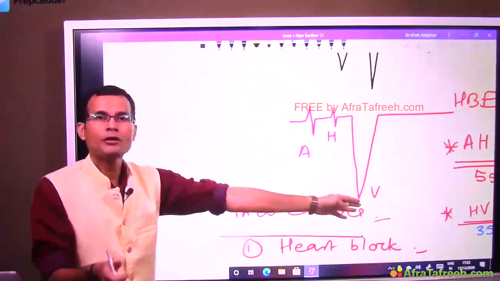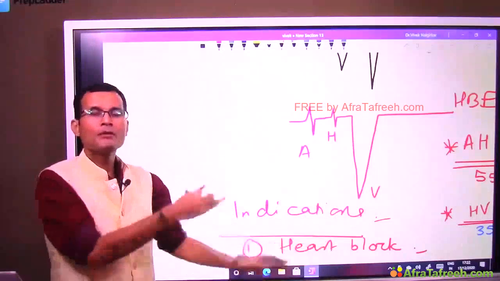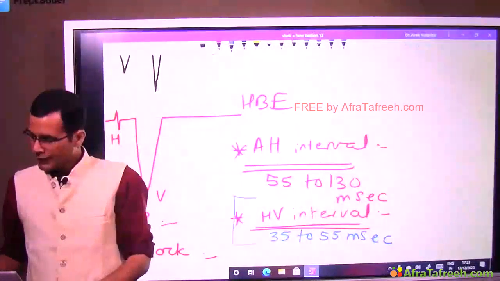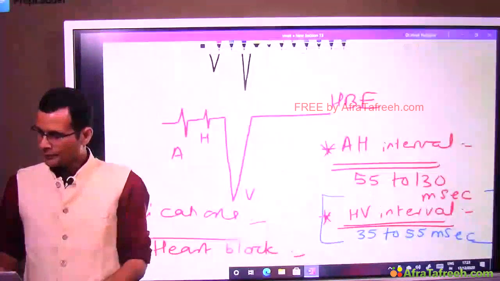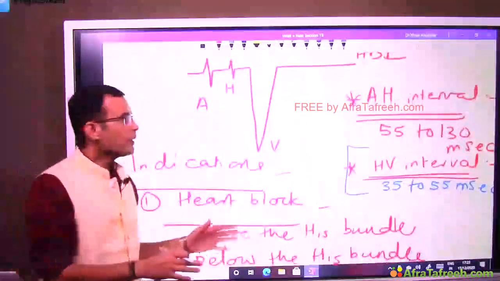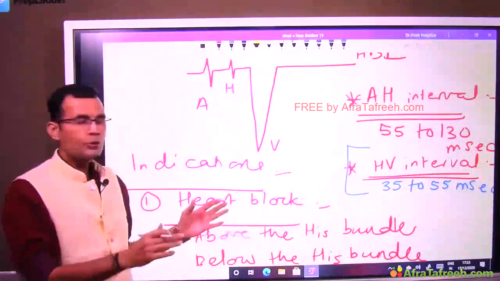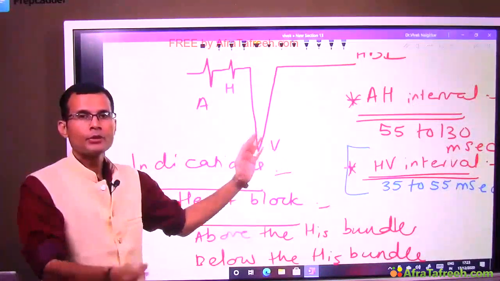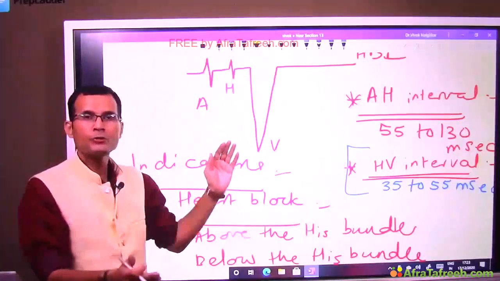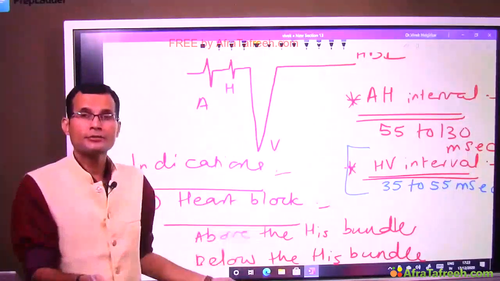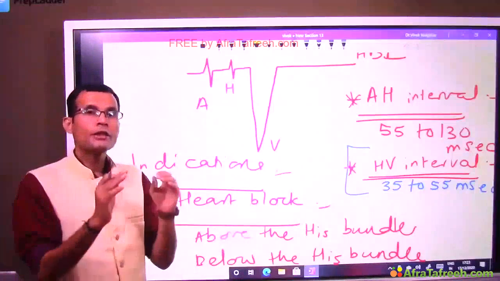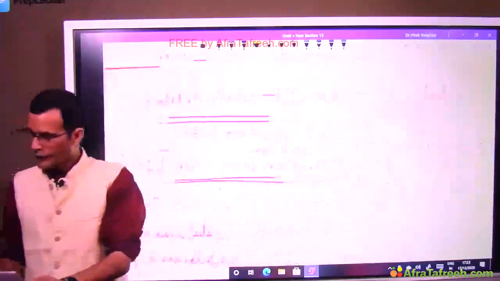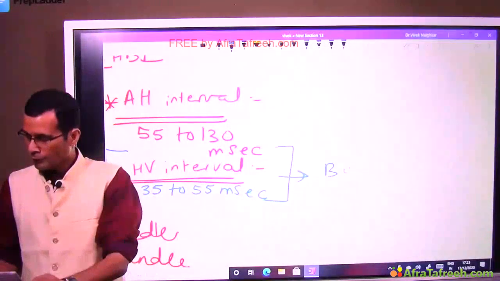That means the block is in the AV node, above the His bundle. And if the HV interval is prolonged, that means the impulse is taking longer time to go from the His bundle to the ventricles. What is there in between these two? The bundle branches. So, in the conditions of bundle branch block, the HV interval will prolong.